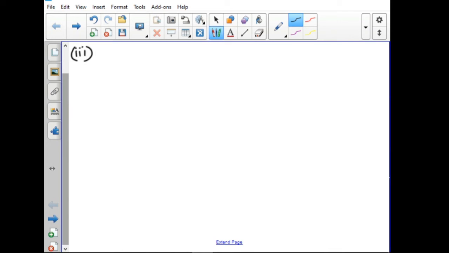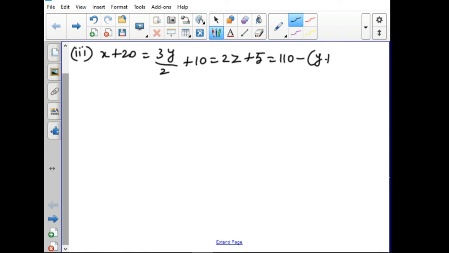The third subdivision, the third one they have given: x plus 20 equal to 3y by 2 plus 10 equal to 2z plus 5 equal to 110 minus y plus z.